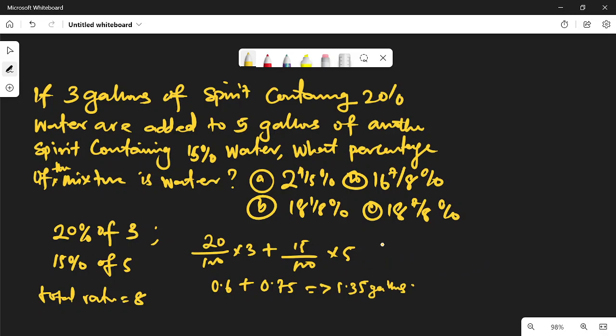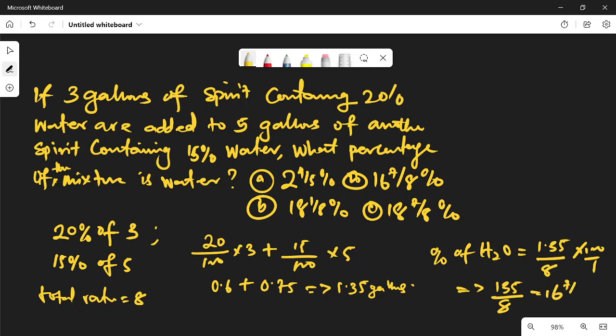So the percentage of water in 1.35 gallons out of 8 is 1.35 over 8 multiplied by 100 over 1. That will give us 135 over 8, and that is 16 and 7 over 8 percent. So it's as simple as that.